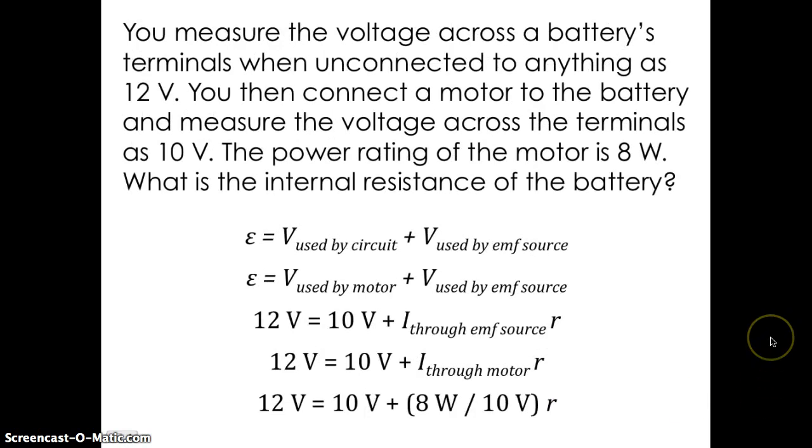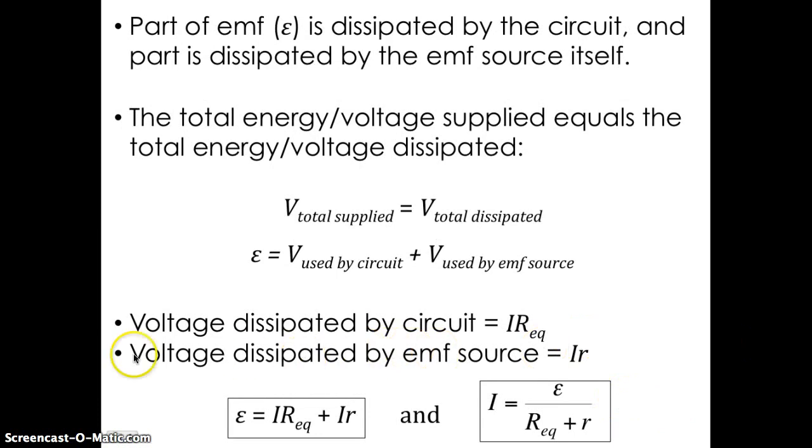And here's a problem, speaking of problems. Let's say you measure the voltage across a battery's terminals when it's not connected to anything, and the reading you get is 12 volts. So there's no current running through the battery at that point, which means, look at this equation, the last bullet: if the current is 0, then there is no voltage dissipated by the EMF source.